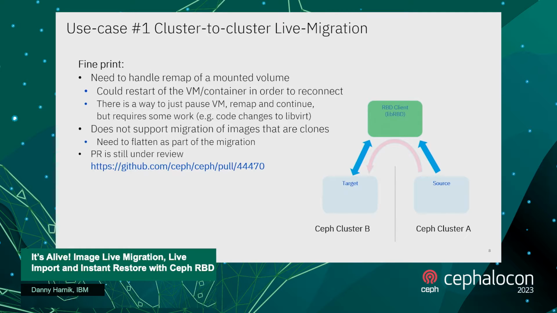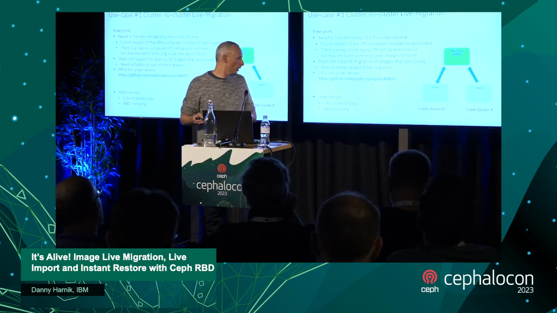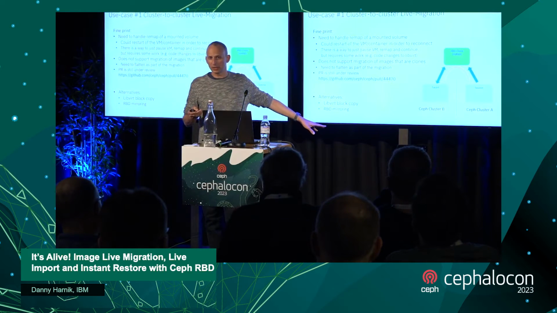I should note there are alternatives to moving volumes between different clusters. You can use libvirt block copy, which does this live for a connected VM. If the VM is not connected via libvirt, it's not going to help you in any way. There's RBD mirroring.